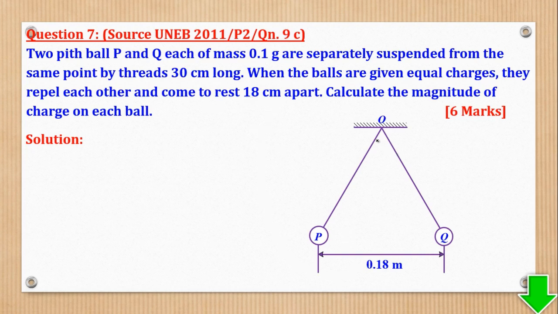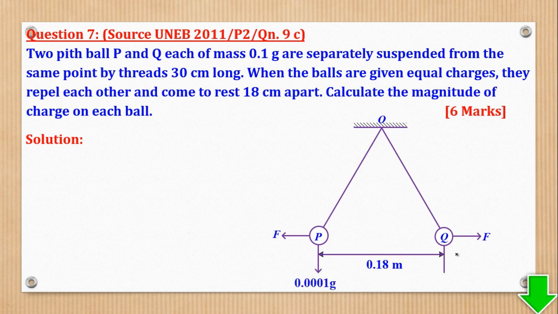And these are the threads 30 centimeters each. So you have to show the forces. Now because they are similar charges, there will be repulsion. One will go this side, another one will go this side. So this is F on P due to charge at Q, and this is F on Q due to charge at P, and they are repulsive but the same magnitude. That's why you see here F and also here F.